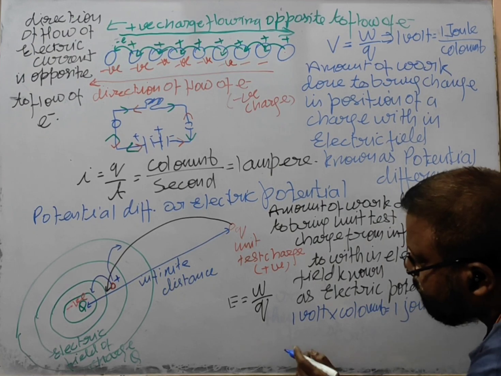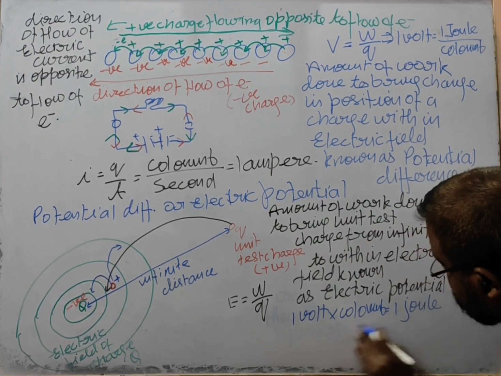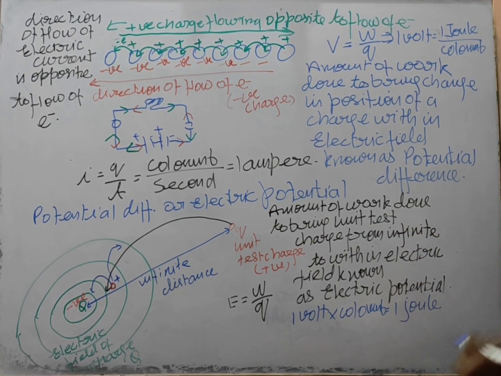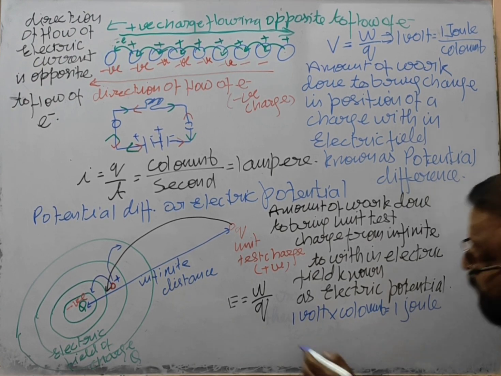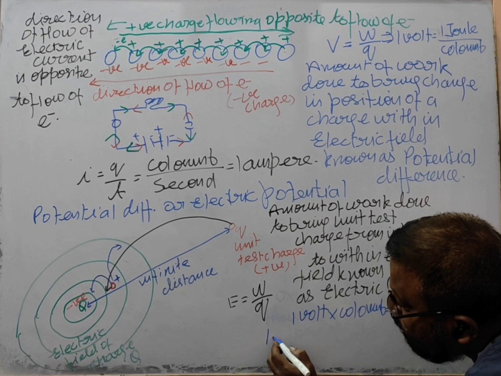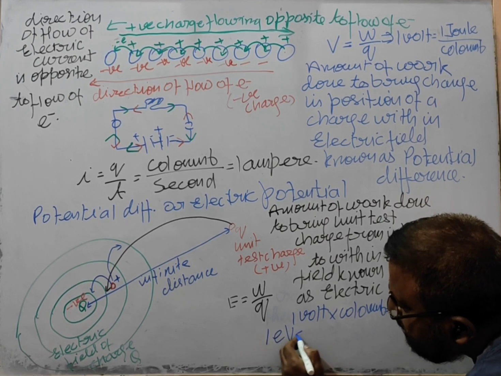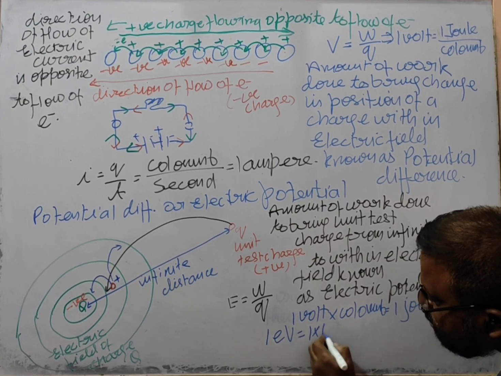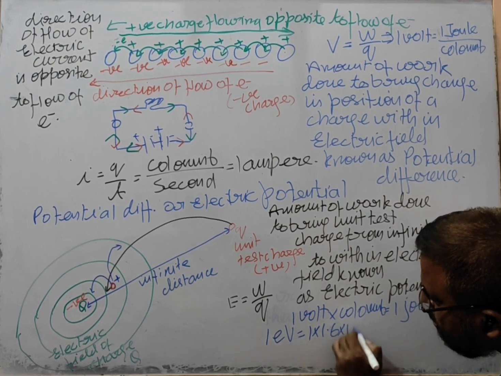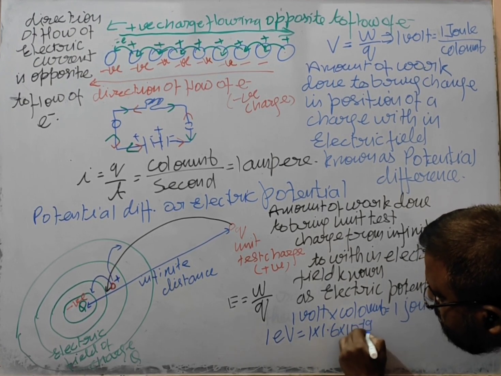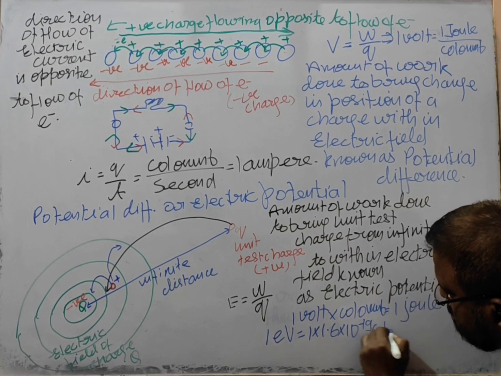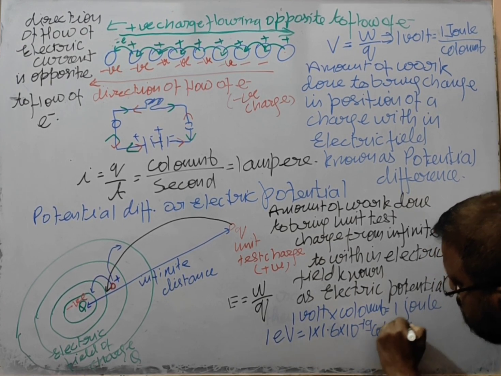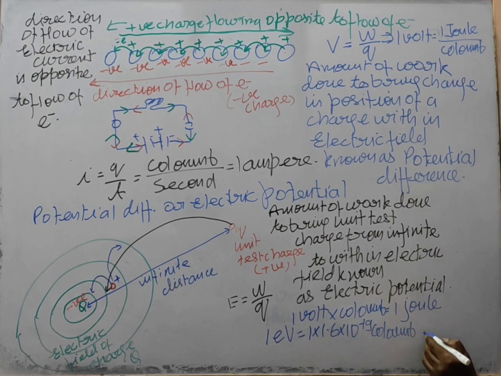So it is visible to you now. 1 volt coulomb is equal to 1 joule. So if I say 1 electron volt, it means 1 electron is having a charge of 1.6 into 10 to the power minus 19 coulomb, and the potential difference is 1 volt.